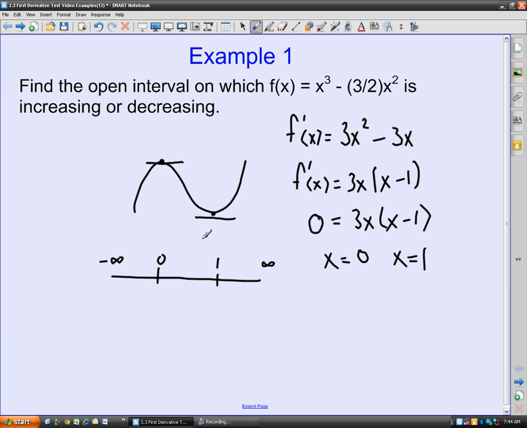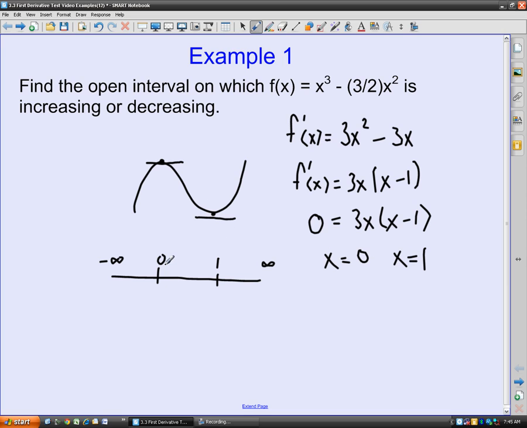In order to find out whether it's increasing or decreasing, we need to look at the slope. If it's a positive slope, then the graph is increasing. If we have a negative slope, then the graph is decreasing. We know that at 0 and 1 the slope is 0 because we just found it, so we're not going to pick those values.